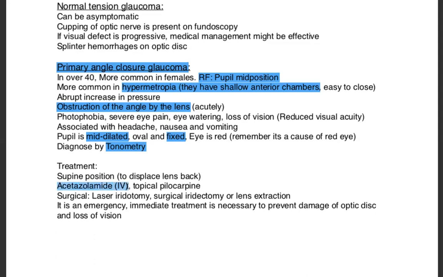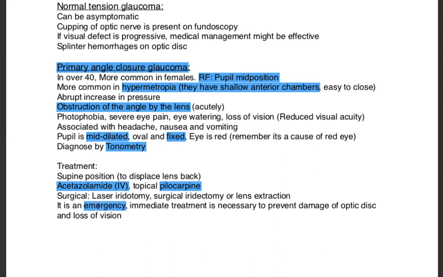So this time it's IV because it's something urgent. وبرضه topical pilocarpine. طيب الsurgical management هنا ممكن نعمل laser iridotomy, surgical iridectomy أو lens extraction, to fix الحاجة اللي قفلت الcanal or trabecular meshwork.